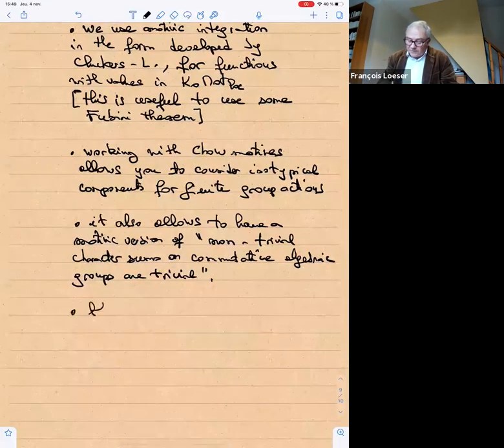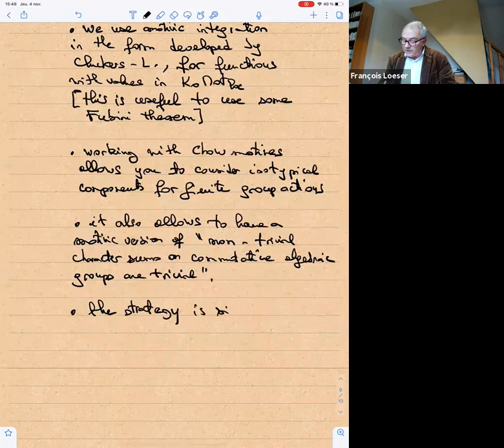Now, the strategy is similar to that of Groechenig, Wyss, and Ziegler.